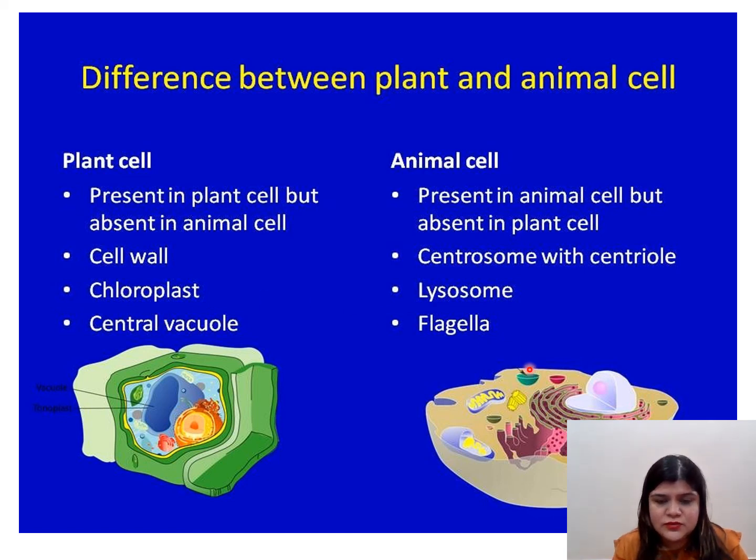Plants do not have lysosomes. They have a central vacuole, meaning a very large vacuole; vacuoles are fewer in number but large in size. In animal cells, the vacuoles are more in number but very small in size. Animal cells have flagella, while plant cells do not. So these are the differences between plant and animal cells.